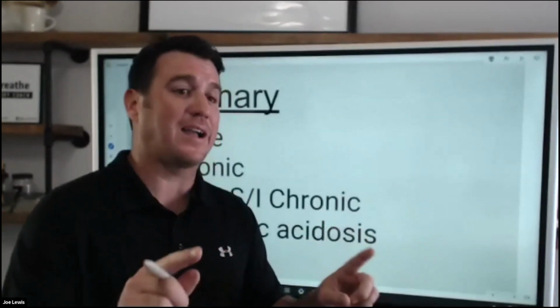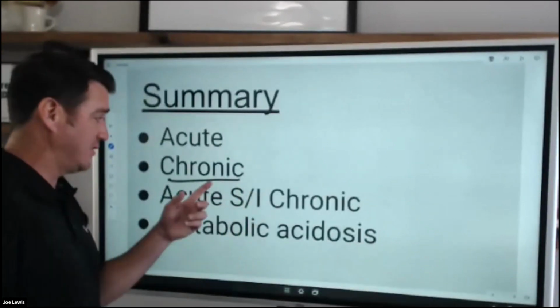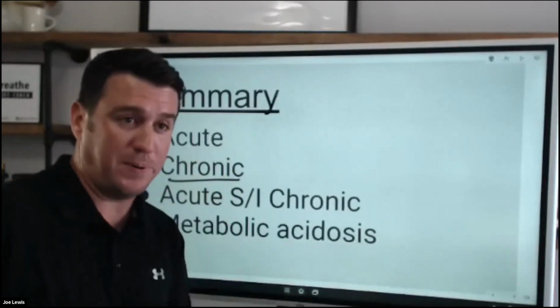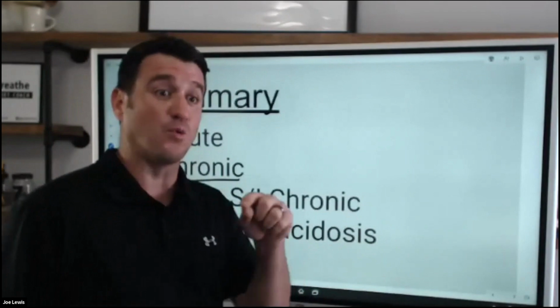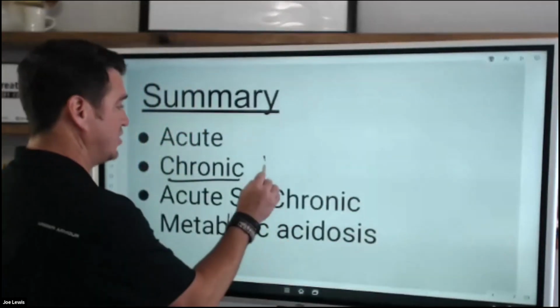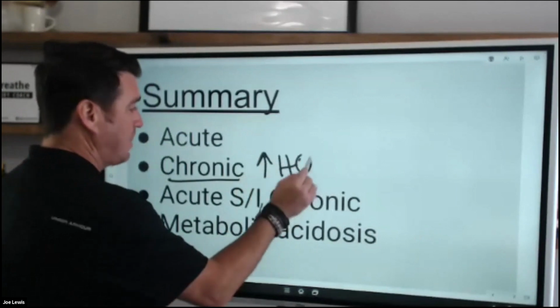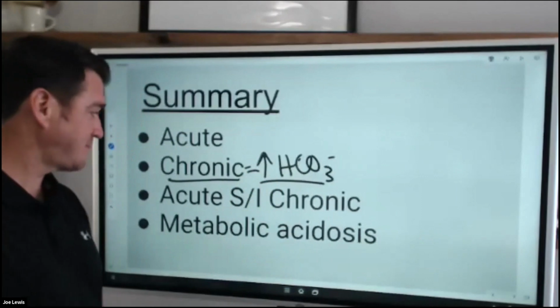Either way, the pH will not be normal. If it is chronic ventilatory failure, you will see a normal pH, but you also have an increased CO2. And the reason pH is normal is because you have an elevated bicarb. So your elevated bicarb here tells you this is chronic.